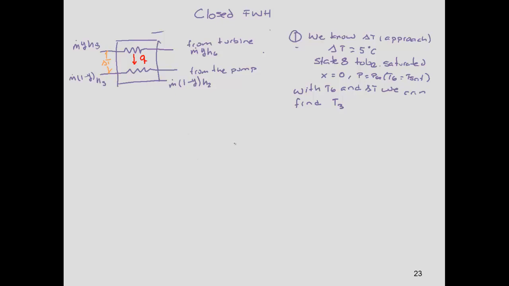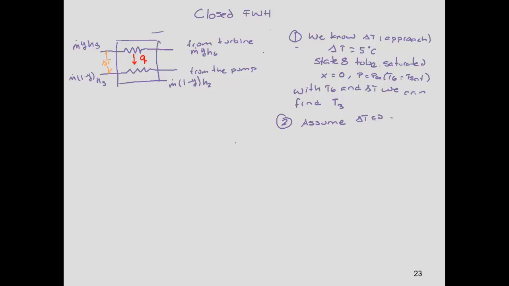The second way will be to assume that delta T is 0.